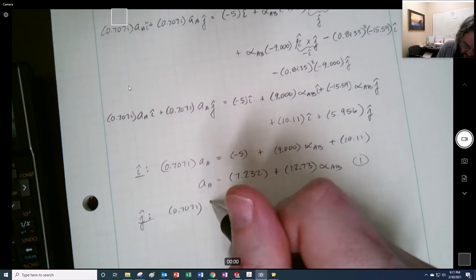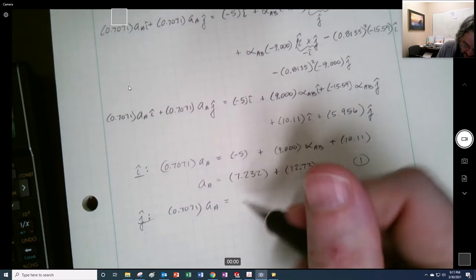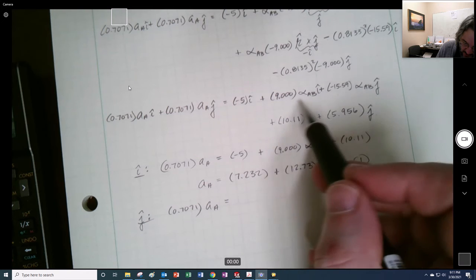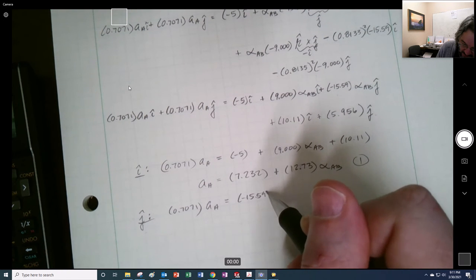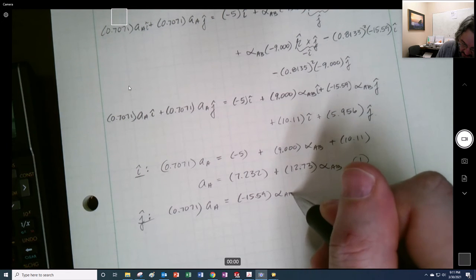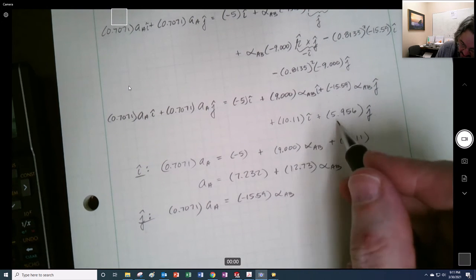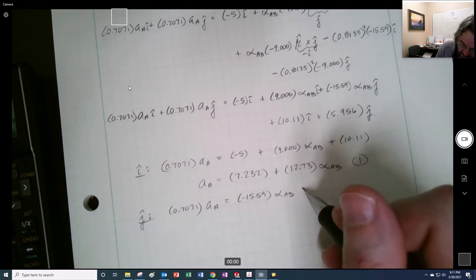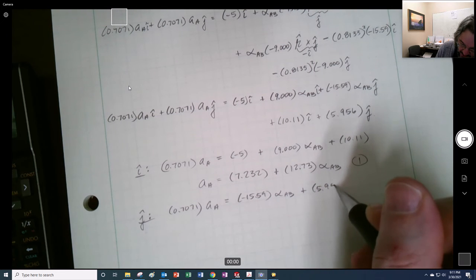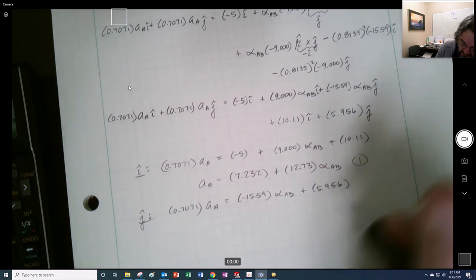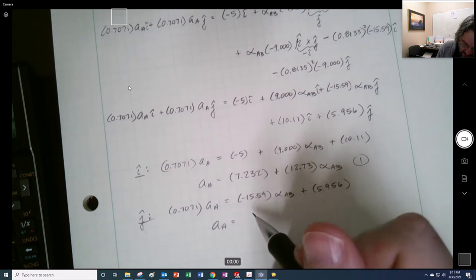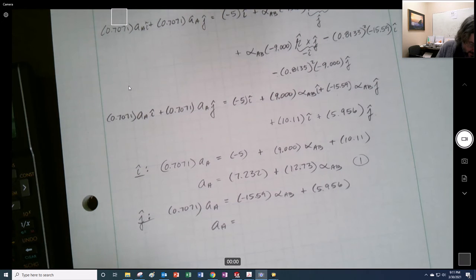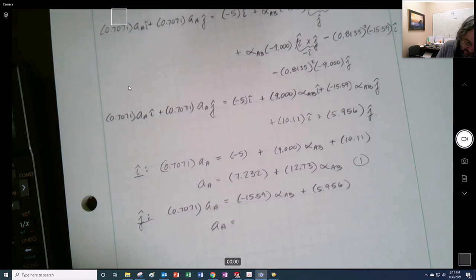0.7071, acceleration of A. There's nothing for this one for the J, so we come over to here and we get a negative 15.59 alpha AB. And then lastly, a plus 5.956. So let's solve for the acceleration of A. And so I'm going to take 15.59 and divide by 0.7071.